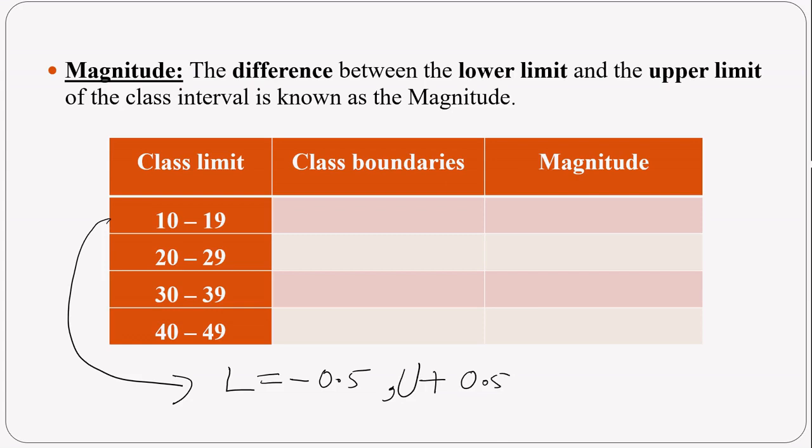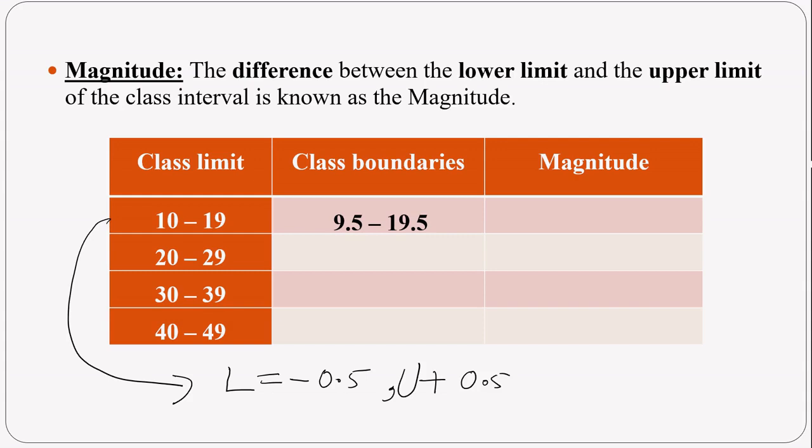Is this clear? 10 minus 0.5, how much will you get? 9.5. 19 plus 0.5, how much will you get? 19.5. So that is the answer for the first class boundary. I hope this example is clear.